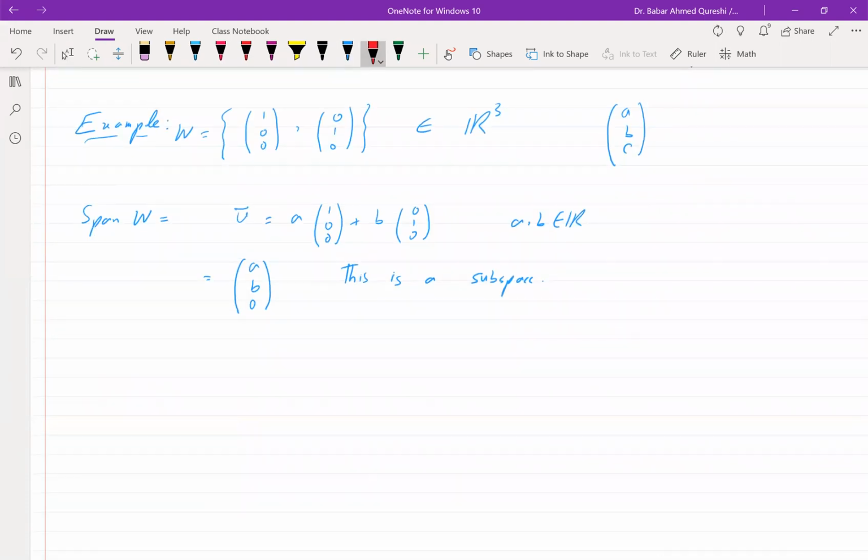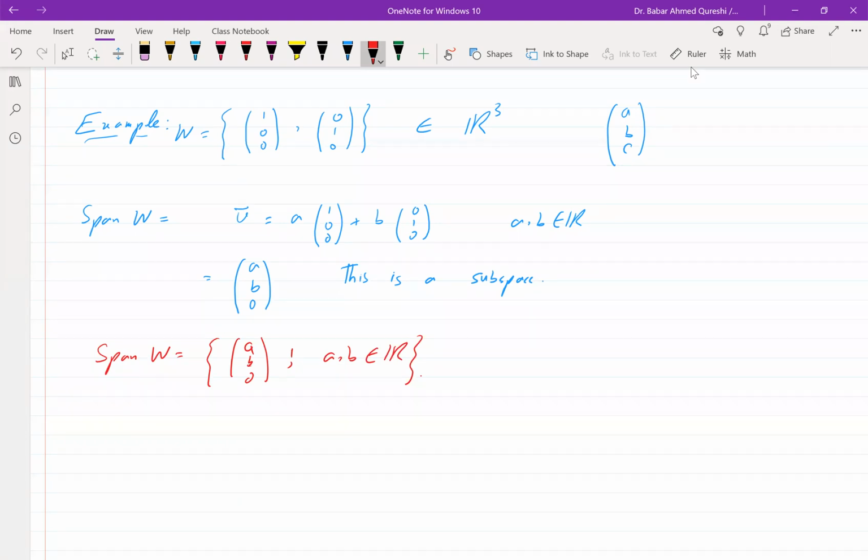Well, let's quickly check. This space, which we have found, vectors of this form, where A, B are any arbitrary constants, it's a subspace. Just a reminder, how do you check if it's a subspace or not?